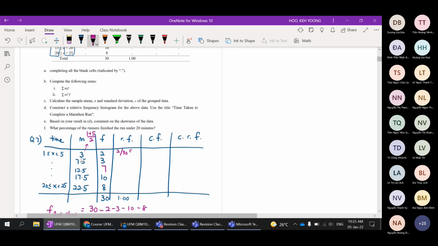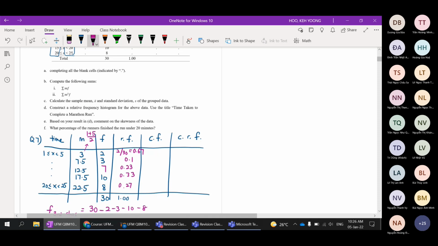So 2 divided by 30, you got 0.07. 3 divided by 30, you got 0.1. 7 divided by 30, you got 0.23. 10 divided by 30, you got 0.33. And the last class, 8 divided by 30, you have 0.27.